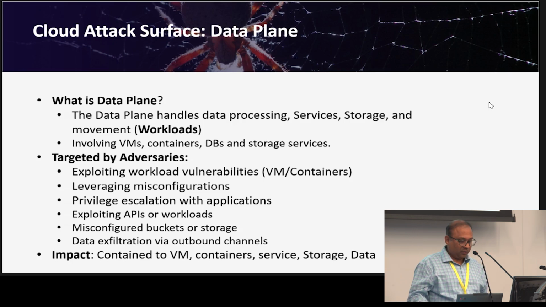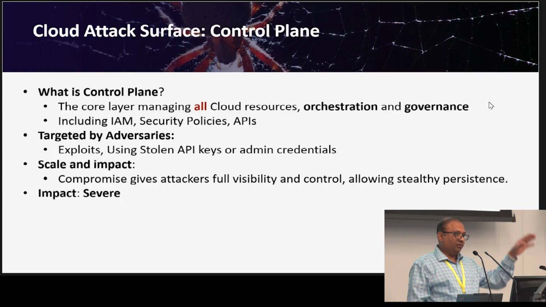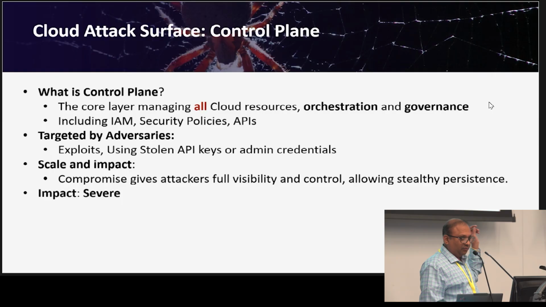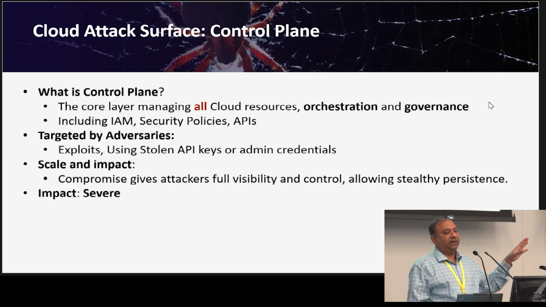Now I will talk about the control plane, and then let's contrast the actual severity. What is a control plane? The control plane is the core layer managing all cloud resources. I highlighted the word all: any cloud resources you can think of, be it Azure or any cloud, doesn't matter. Everything is managed from that control plane.